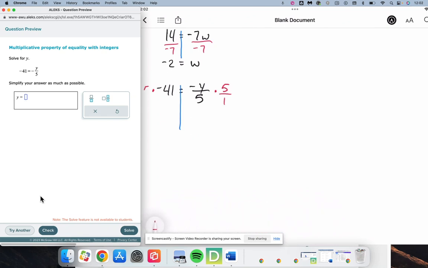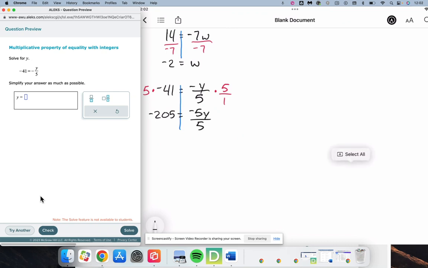And on the right, I'll leave it as a fraction because that will make that process a little bit easier. 5 times negative 41 is negative 205. Negative y times 5 is negative 5y. 5 times 1 is 5.